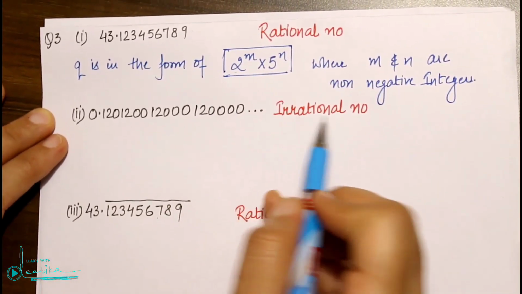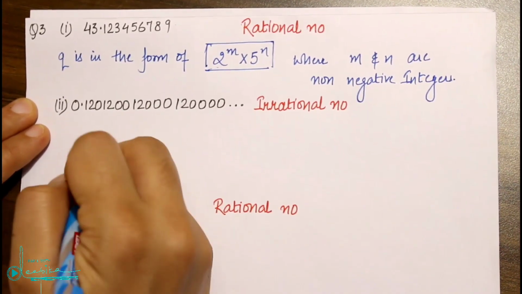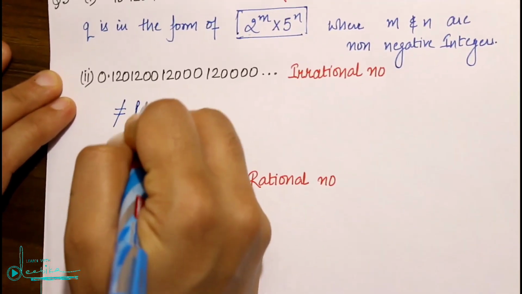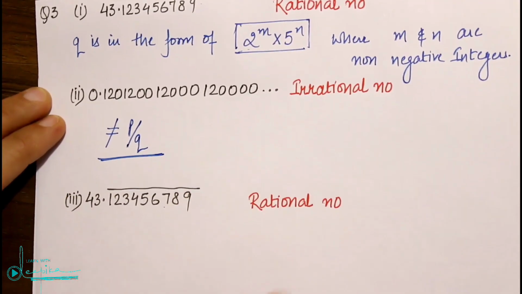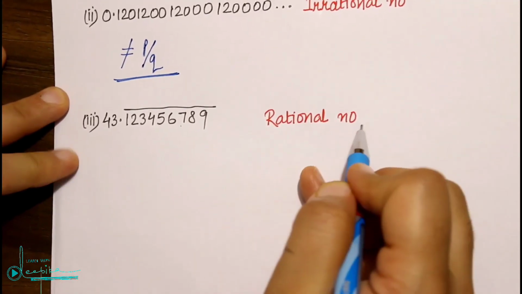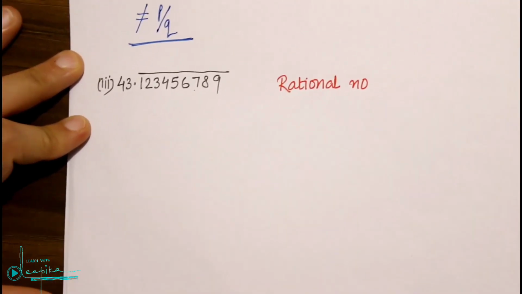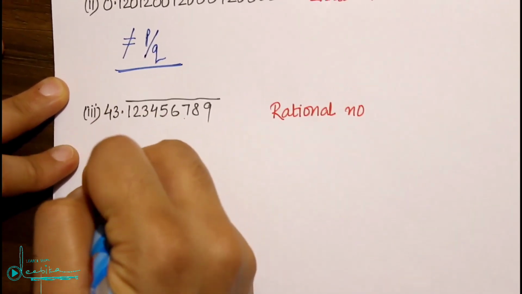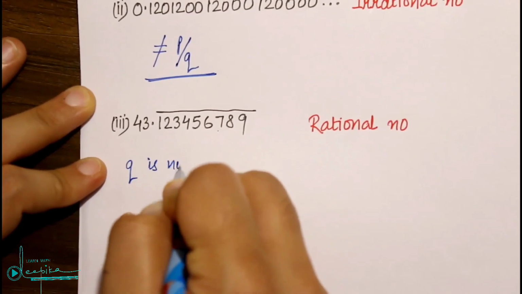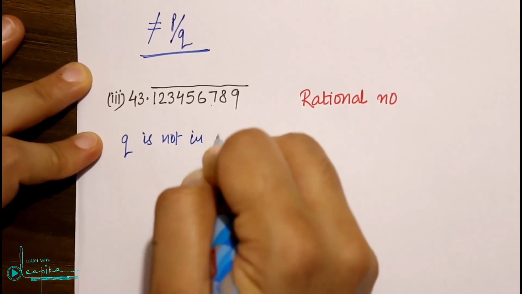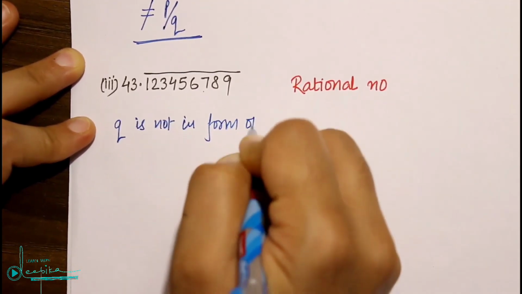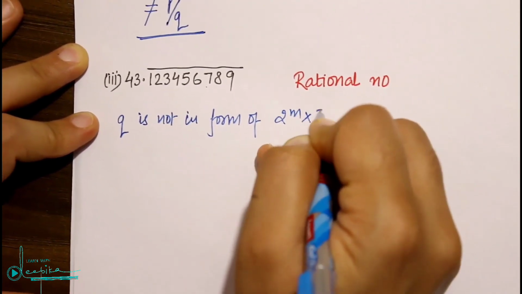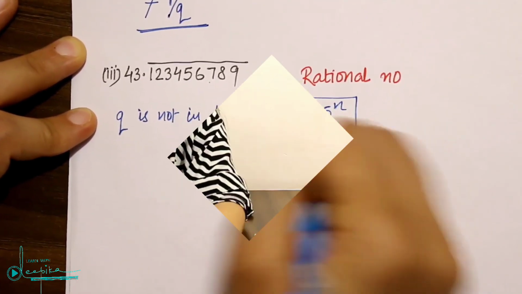Next one, this one is an irrational number, so definitely this cannot be represented in p by q form. The third part is also a rational number which is non-terminating but recurring. So its q is not in the form of 2 raised to power m and 5 raised to power n.